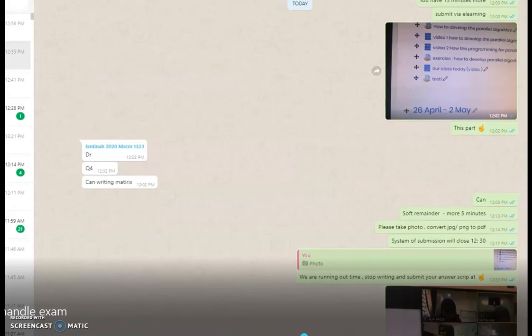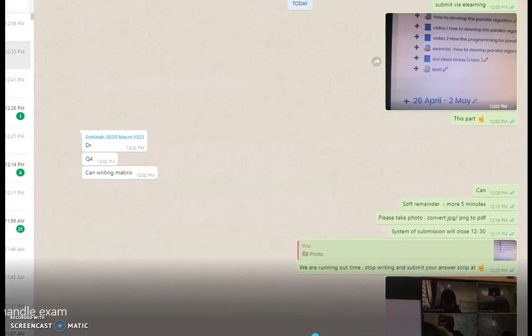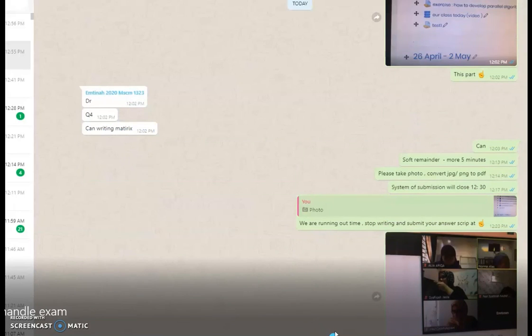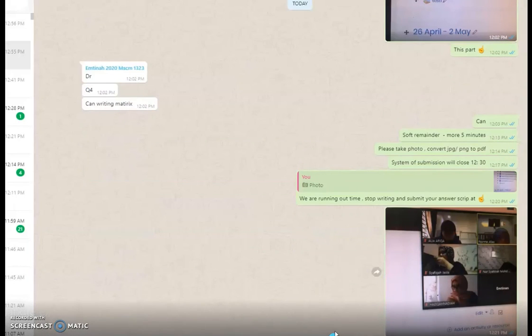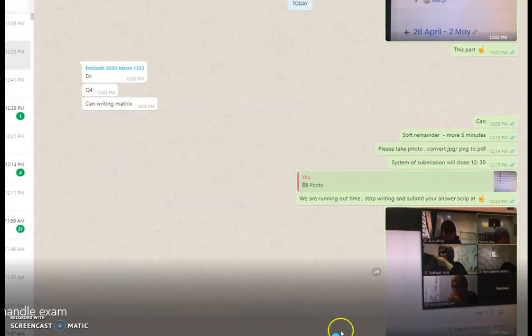Okay, and then towards the end, before end the exam, ask them to take photos or convert to the PDF file before submitting their answer at the e-learning or the email.